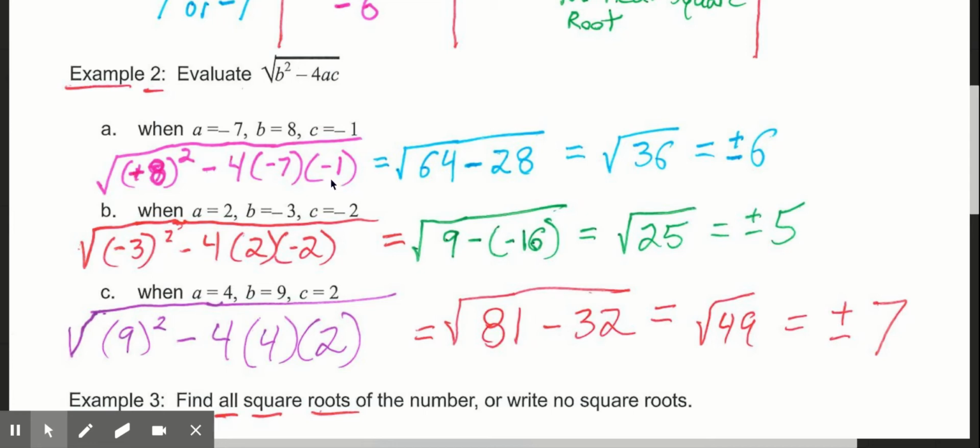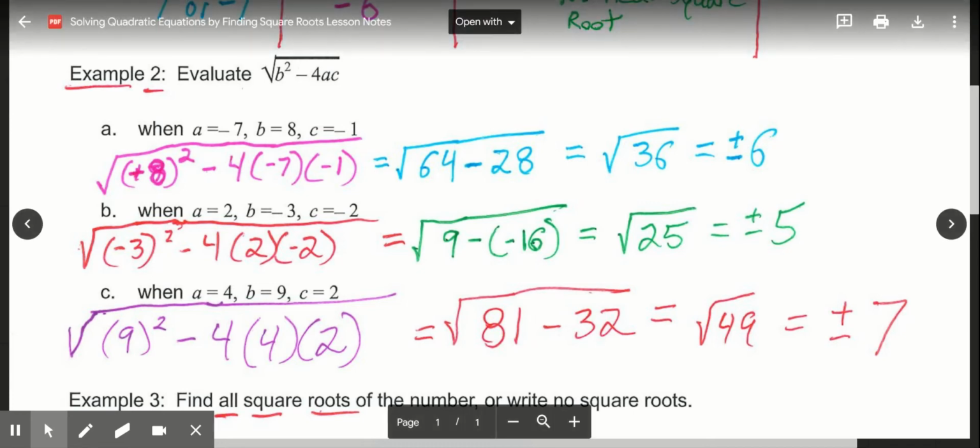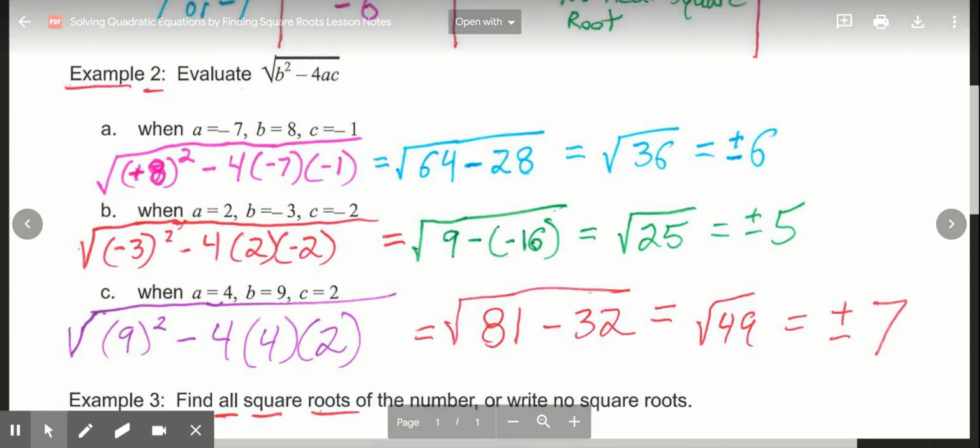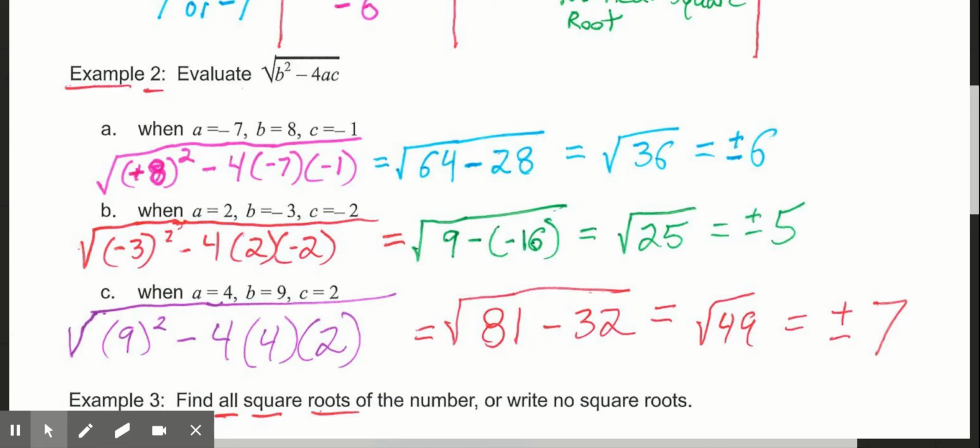Just like parentheses, we do the math inside the radical first. 8 squared is 64. 4 times negative 7 is negative 28, times negative 1 is a positive 28.